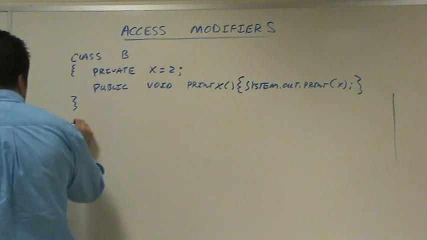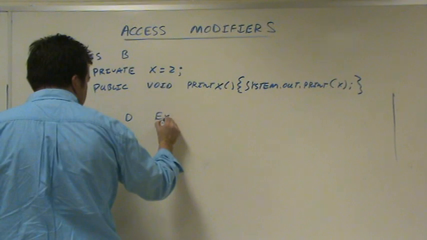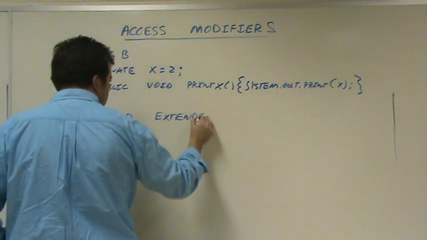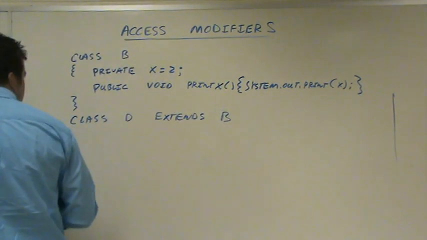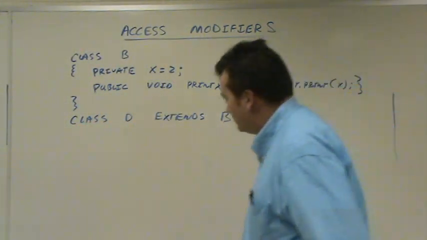And now we have a class D, which extends B. And it doesn't do anything.